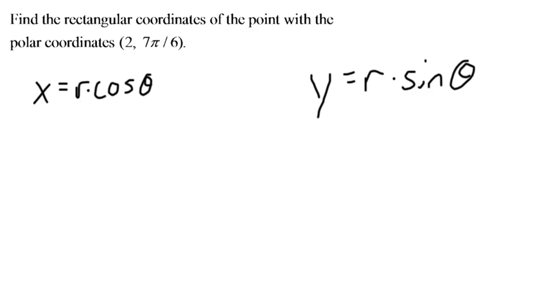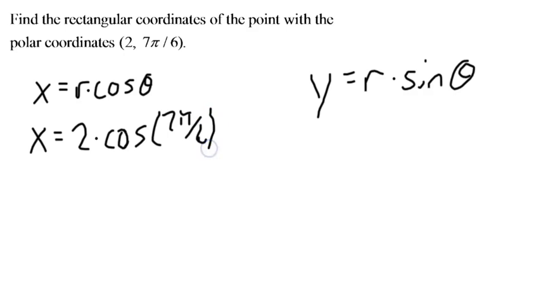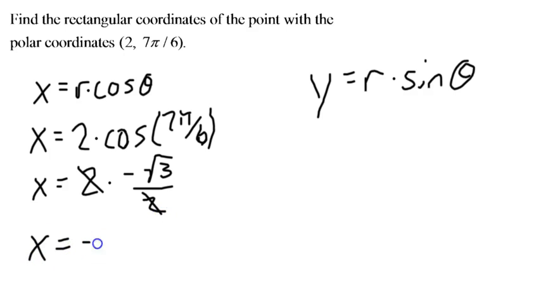So if we substitute those values in, x is equal to 2 times the cosine of 7π/6, which if you use your unit circle, cosine of 7π/6 is negative radical 3 over 2. So x is equal to 2 times negative radical 3 over 2. The 2's will cancel each other out, so our x coordinate is going to be negative radical 3.